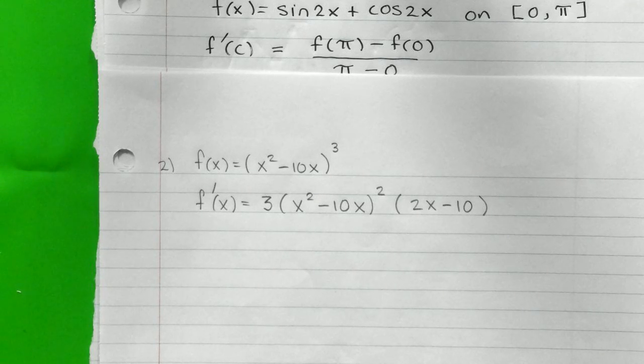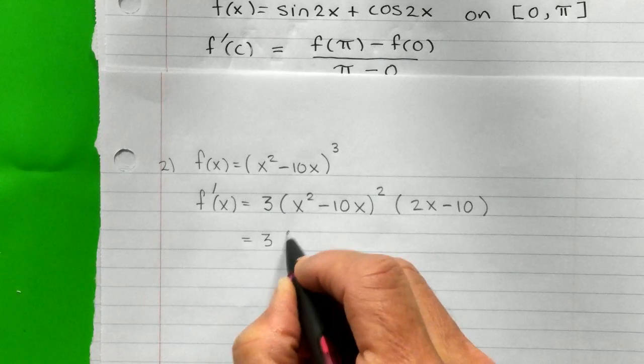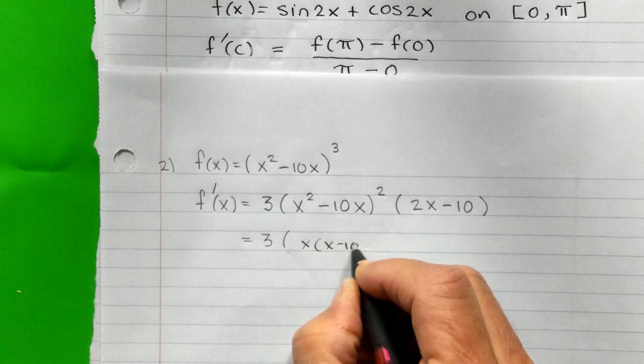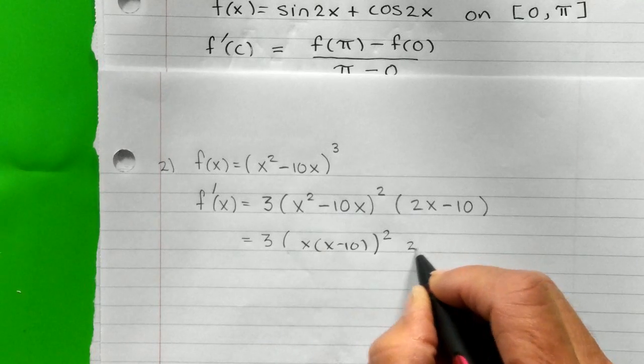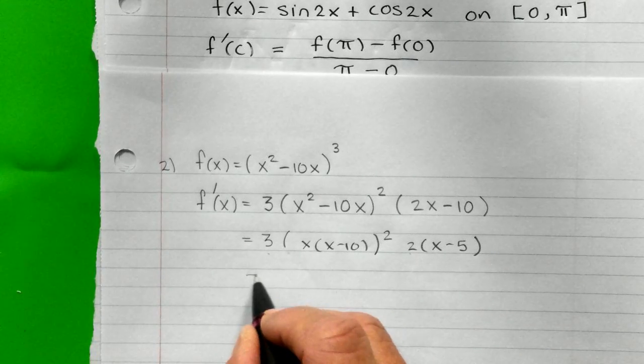And I'm going to take the 2x minus 10 and factor it as 2 times x minus 5. I'm going to put the 2 with the 3 and make me a 6 out there.